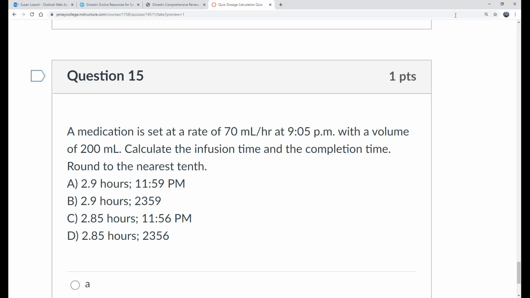All right, so now our infusion is set at 70 mLs per hour and we're infusing 200 mLs. In order to calculate our time, what do we have to do? Volume over rate. So you're going to take your 200 mLs and divide it by the 70, and that's going to tell you how much time it's going to take for this to infuse.